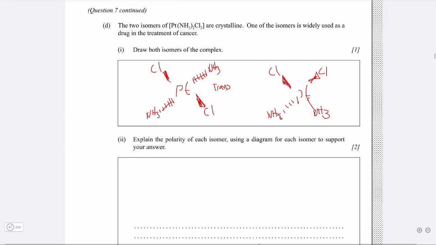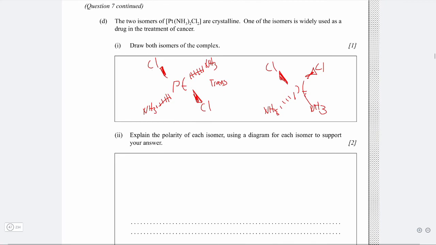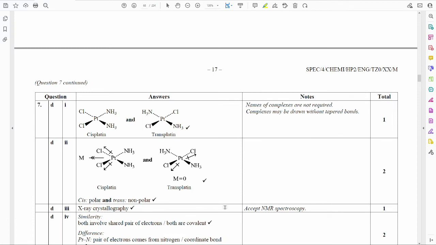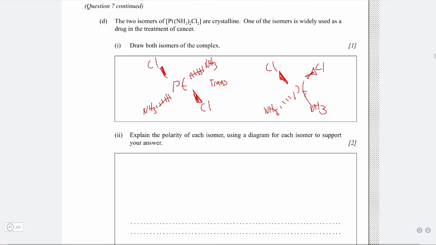Okay, I drew the wedges and dashes wrong, but the cis is when they're on the same side, and the trans is when they're 180. Yeah, and names are not required, and the wedges and dashes are not required.